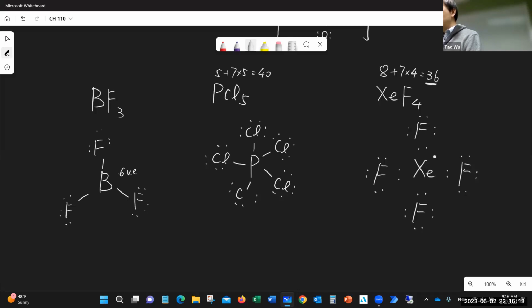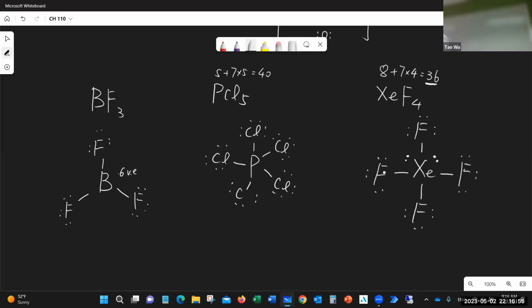You assign one pair over here and another pair over here. In this case, xenon has 4 single bonds and also 2 lone pairs. That's the Lewis structure for xenon tetrafluoride. It's pretty complicated, I know, but this is generally how we write Lewis structures.